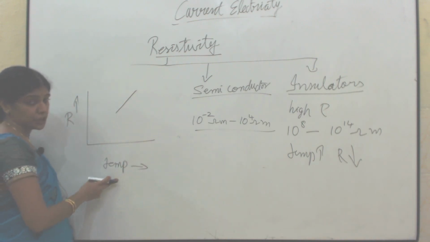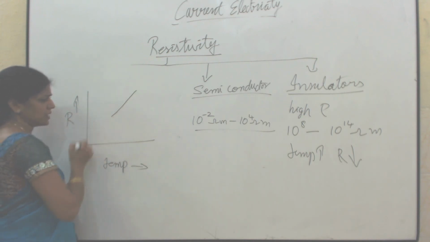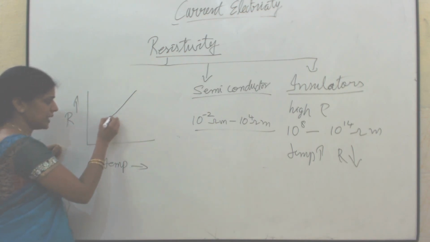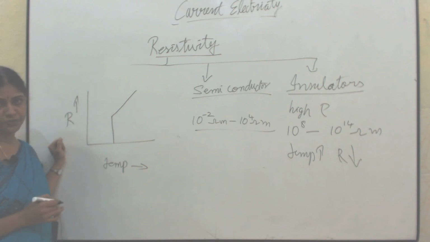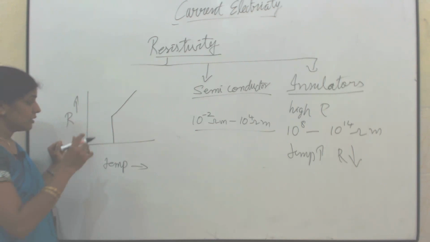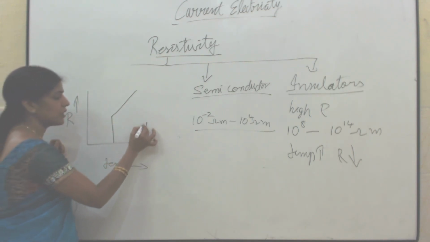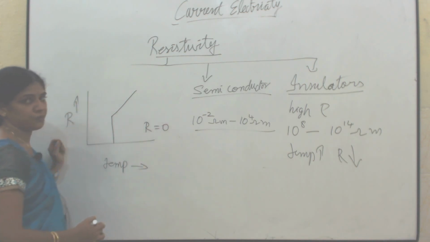If I decrease the temperature, its resistance decreases. For some materials, at a particular temperature, suddenly its resistance falls to 0. At a certain temperature, its resistance value will become 0.